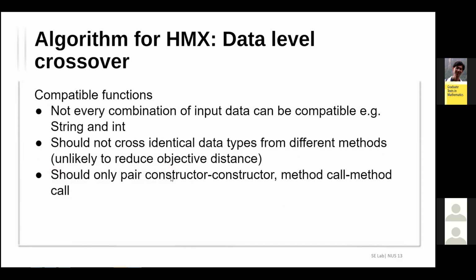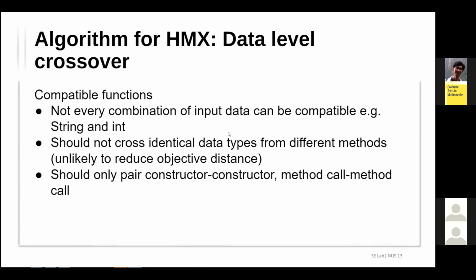We should only cross identical data types, and they should also be from the same types of methods, so constructor or regular method calls, for example. They didn't go into much detail as to what justification they have besides their intuition. I'm not sure what the exact justification is, but intuitively it makes sense that you shouldn't combine data from methods of different types.